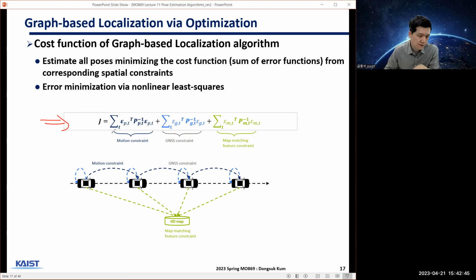You can think of the first as sort of dead reckoning, and these two play as landmark correction or landmark alignment. Okay, but we are solving that together here.